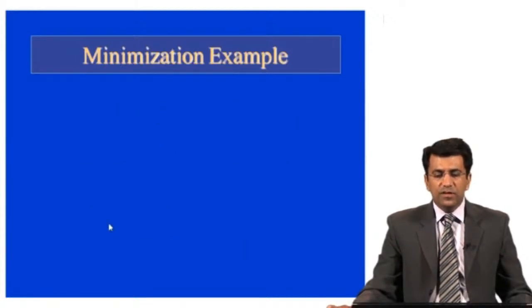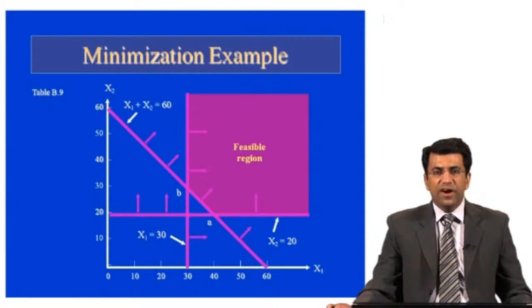Now how can we find the coordinates for point B? Again, this is point B, and as you can see, point B is the point of intersection of this particular line that is parallel to the y-axis and this line, that is x1 plus x2 is equal to 60. At this point of intersection, the value of x1 is equal to 30.